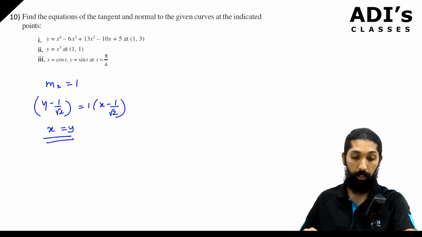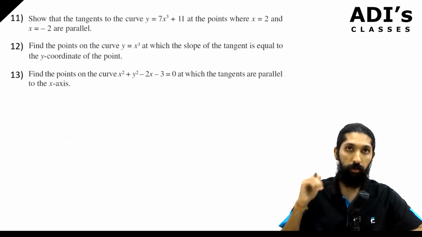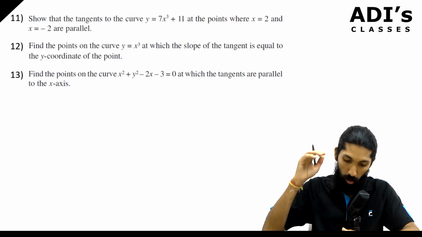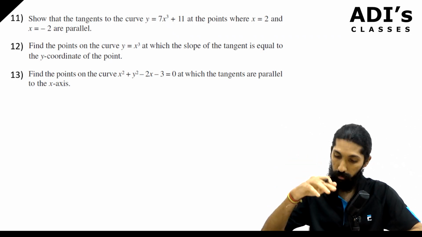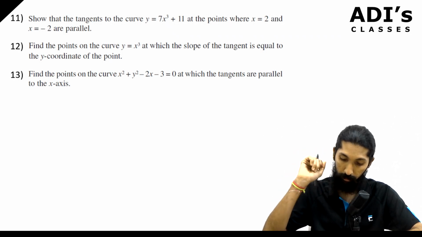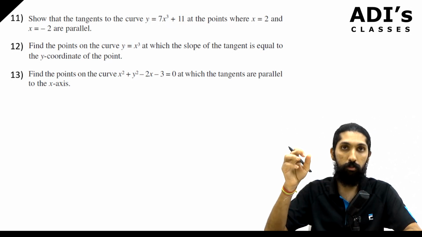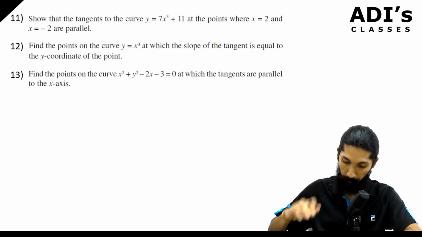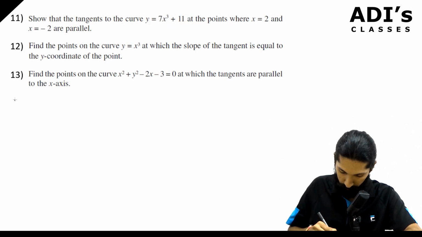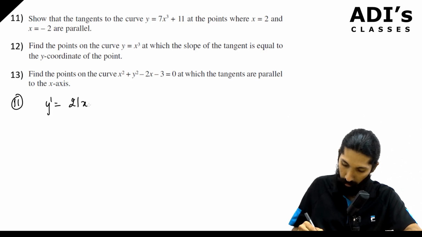Alright, now let's do the 11th one. See the 11th one. Show that the tangents to the curve, this one, at the points where x is equal to 2 and x is equal to minus 2 are parallel. Basically, find the slope, put x as 2 and minus 2, and show that they are equal. So here, first y dash is equal to 21 x square.